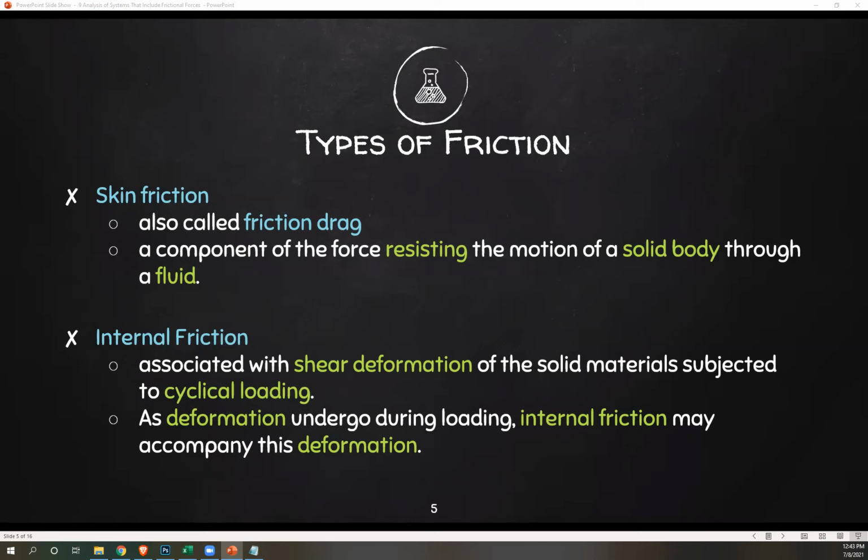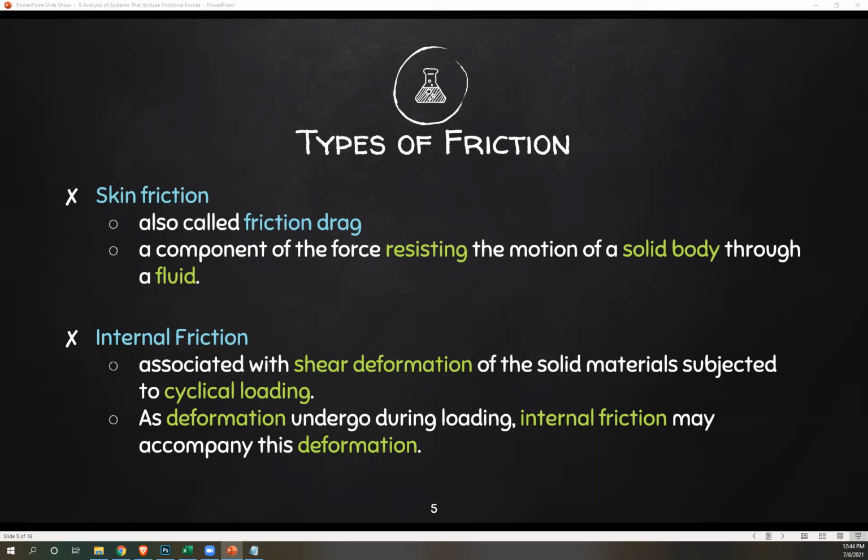And then lastly, we also have internal friction. It's associated with shear deformation of the solid material subjected to cyclical loading. Cyclical loading is just load that operates cyclically, or rather, there's a pattern to which the force is being applied. So you can imagine if we have a continuous force being applied to an object, eventually it's going to experience shear deformation.